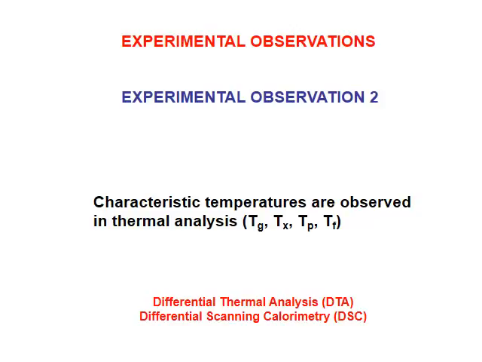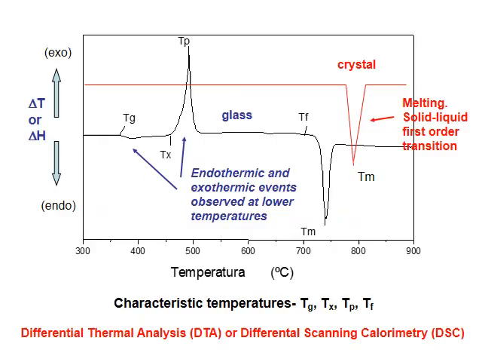In general words, in both techniques, you heat your sample in a furnace and you have the register of any thermal event, exothermic or endothermic, occurring to your sample as a function of the furnace temperature. Here you have some typical DTA or DSC scans.